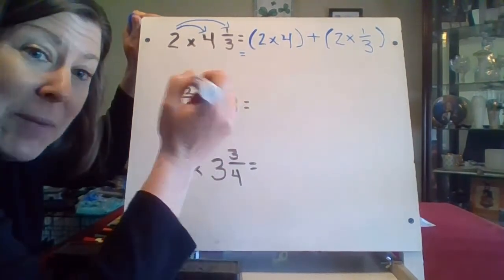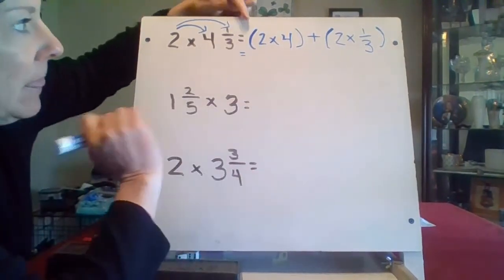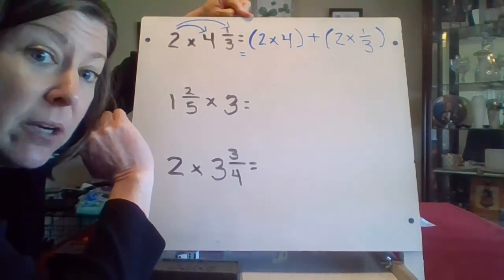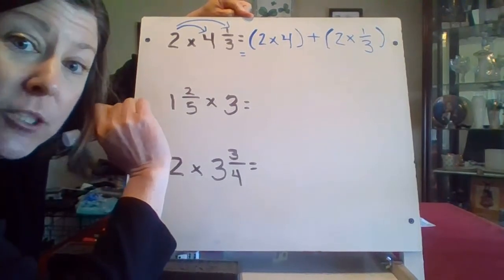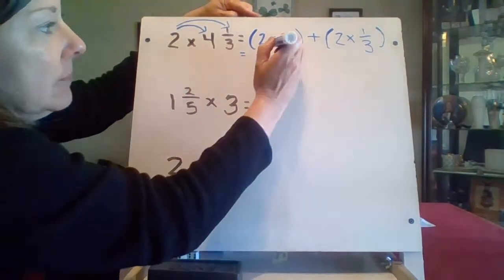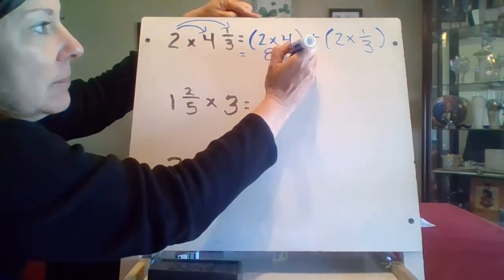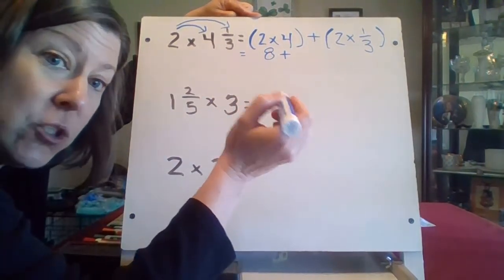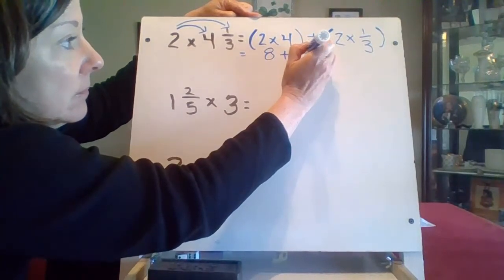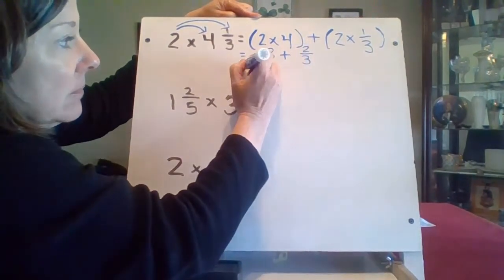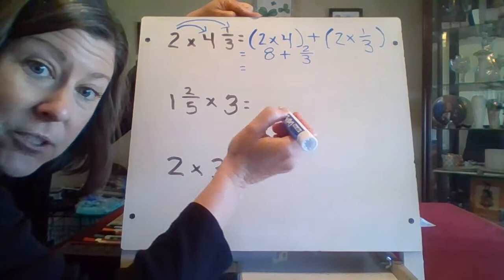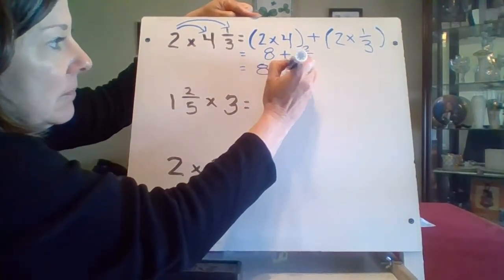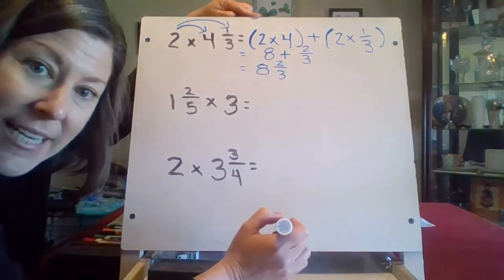Now, I'm kind of to the easy part. Making sure I have the correct multiplication is probably the trickiest part. So now I can multiply my 2 times 4, which is 8, plus my 2 times 1/3 is 2/3, and 8 plus 2/3 is 8 and 2/3.